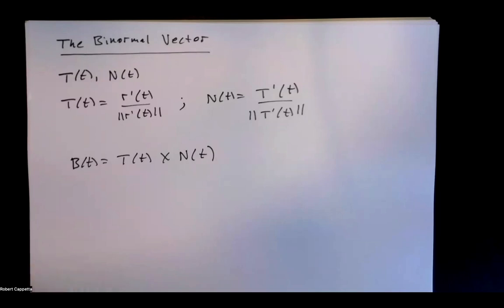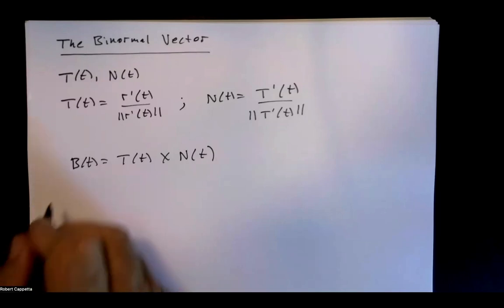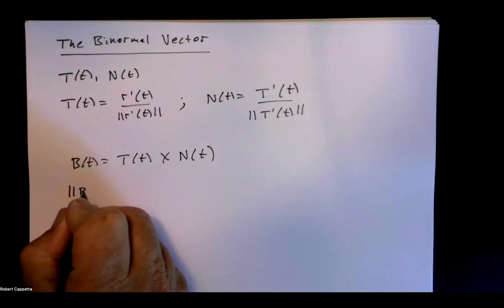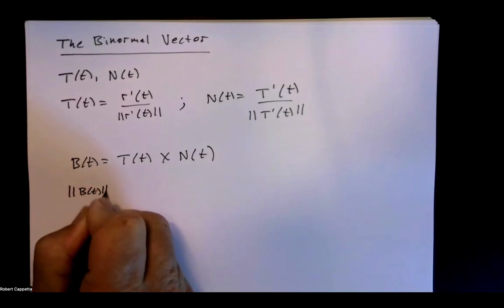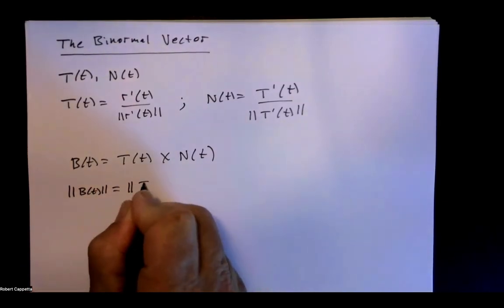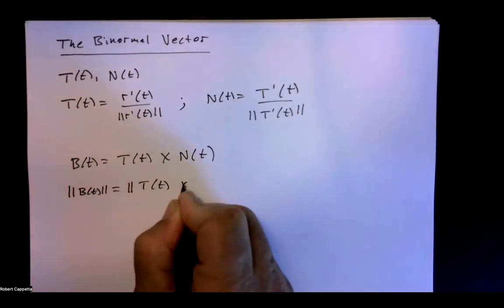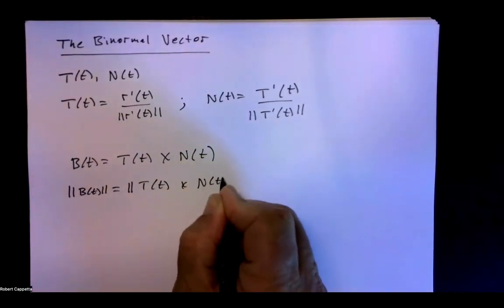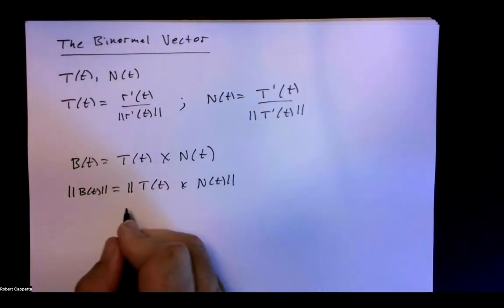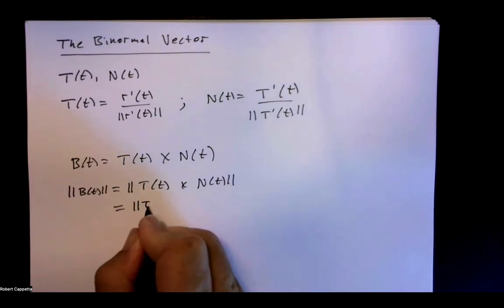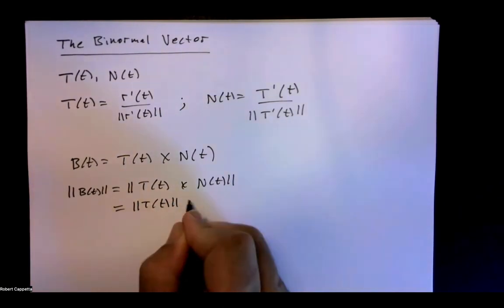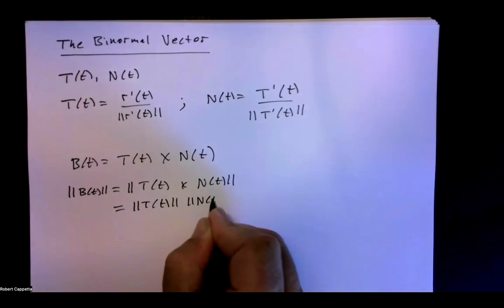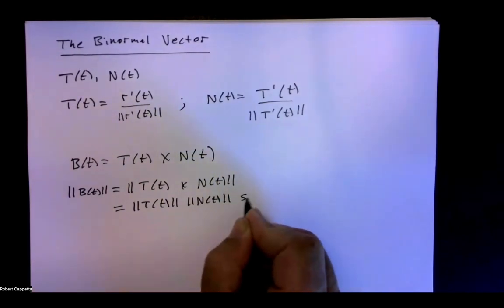Now, the magnitude of the binormal is the magnitude of T of t cross N of t, which is the magnitude of T of t times the magnitude of N of t times the sine of theta.